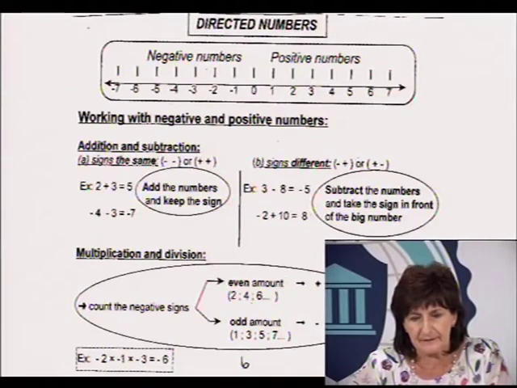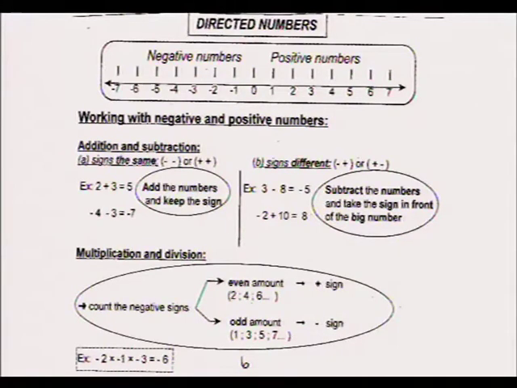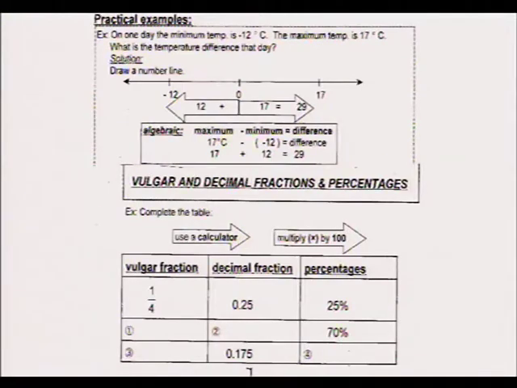Multiplication, there you see it, the even numbers or the odd amount. For example, at the bottom of the page, minus 2 times minus 1 times minus 3 is equal to minus 6. There are some practical examples of the temperature.